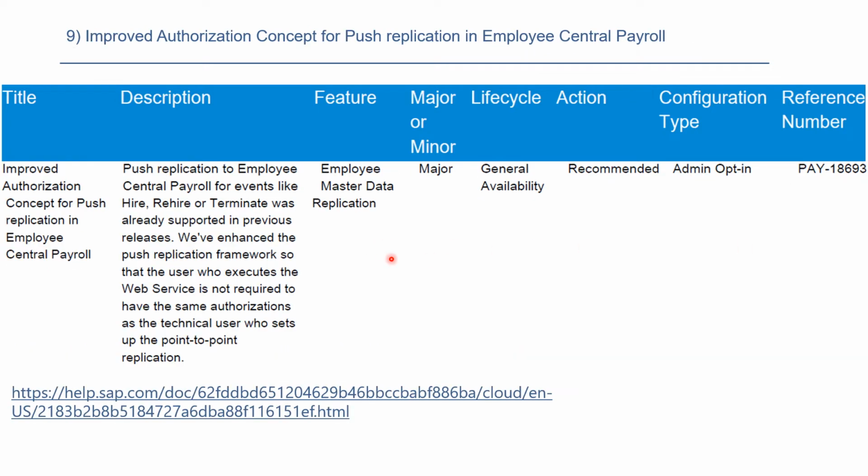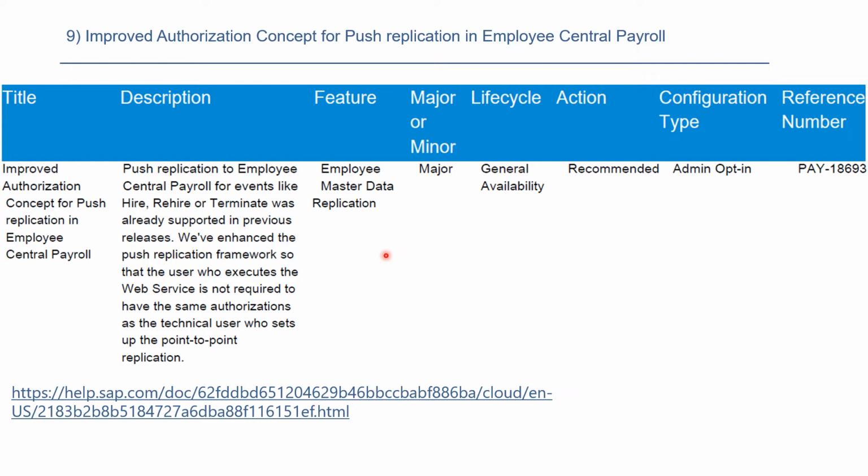Now next one, improved authorization concept for push replication in employee central payroll. Push replication to employee central payroll for events like hire, rehire, or terminate was already supported previously. SAP has now enhanced the push replication framework. The user who calls the web service is not required to have the same authorization as the technical user. As I was telling earlier, SAP is trying to make replication not work on the user specific authorization of whoever runs it.